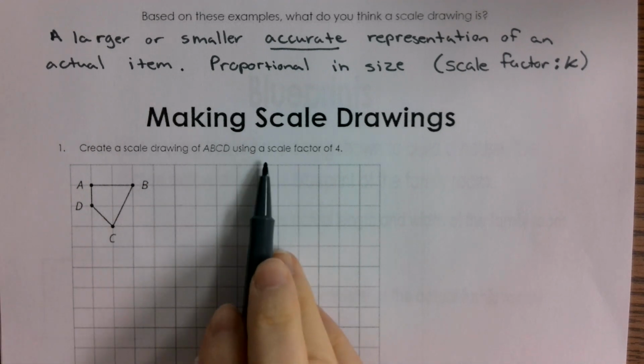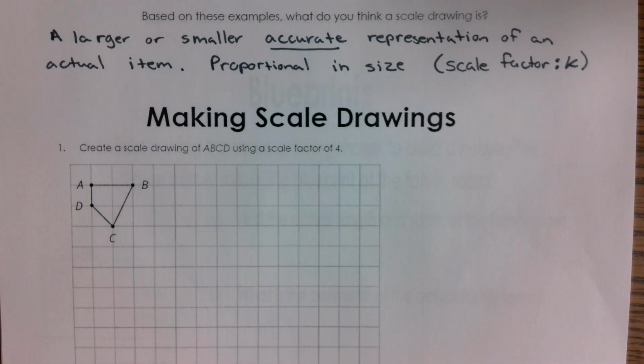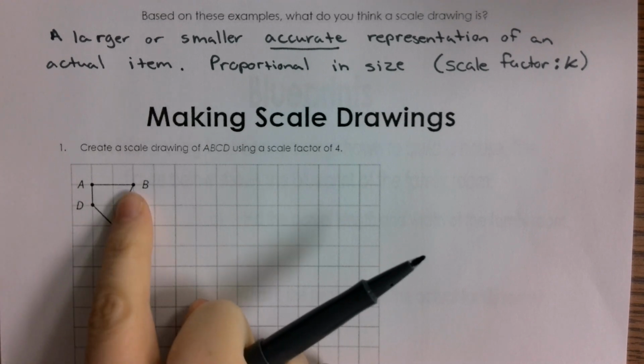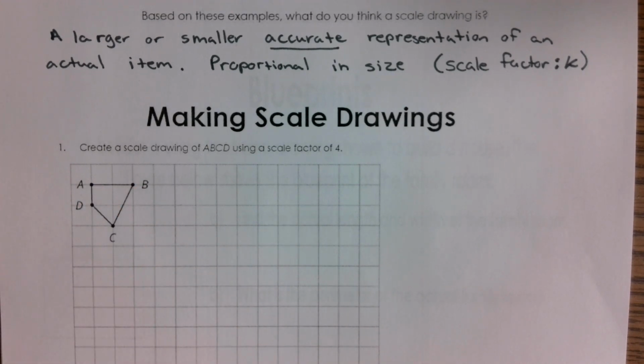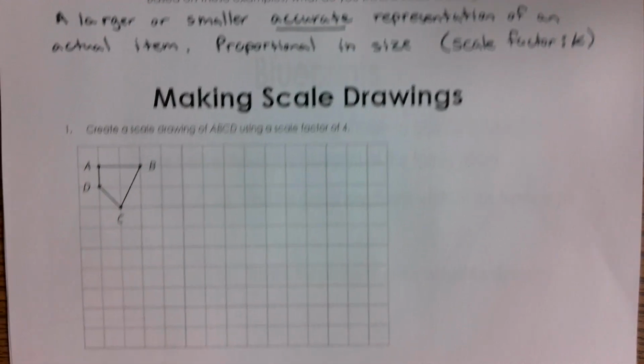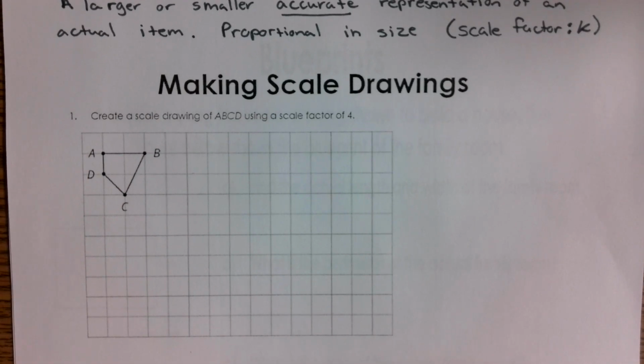And we've got a scale factor of 4. That means that we are going to take each one of these original dimensions and we're going to multiply it by a scale factor of 4. Okay? You could also take the points that they're located at and multiply them by a scale factor of 4. And that would help you out.